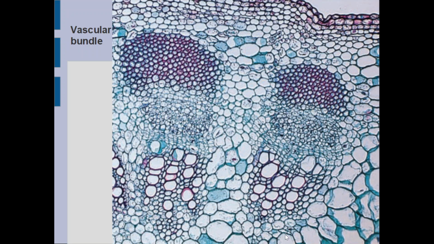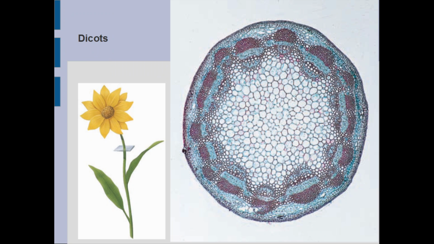So together this is a vascular bundle, and between them this is a pith. So this is a pith, and here also these cells between the bundles are pith. Pith is parenchyma cells for storage.